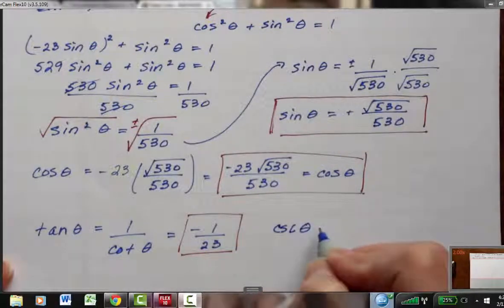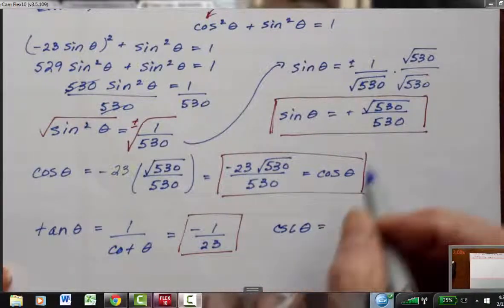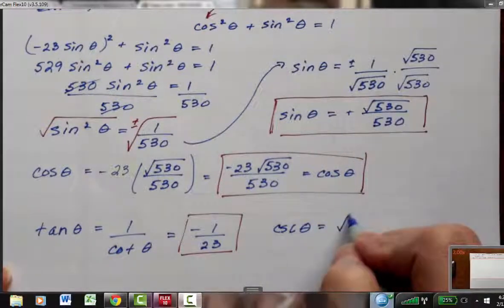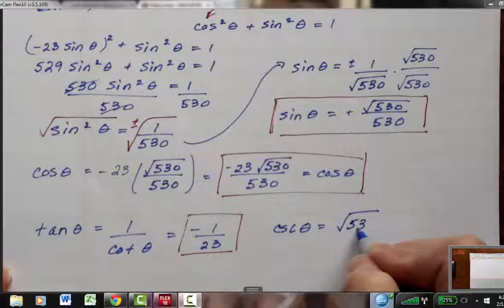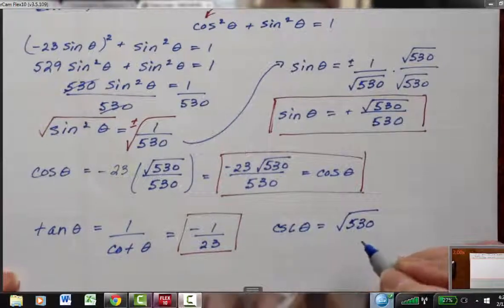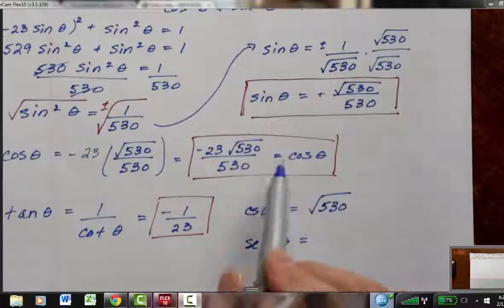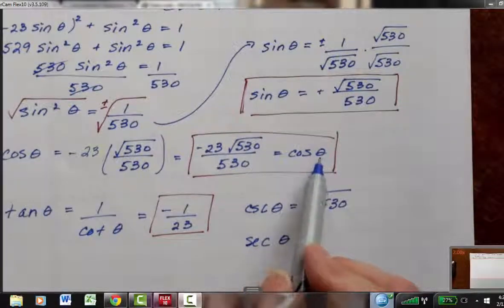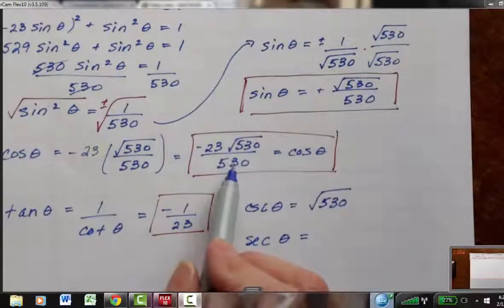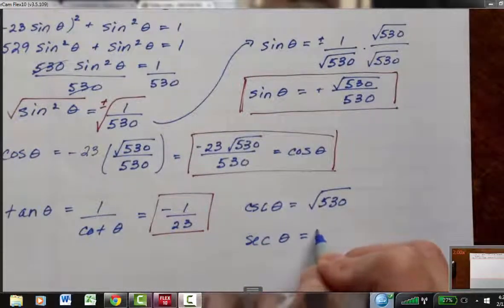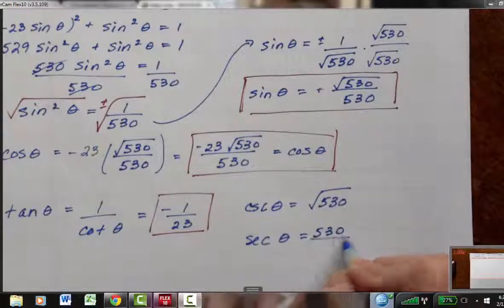So cosecant theta is going to be equal to, before I rationalized, the square root of 530, and it's going to be positive just like sine was. And then secant theta is the reciprocal of cosine theta. And so I need to take the reciprocal of that, and I end up with 530 over negative 23 square root of 530.